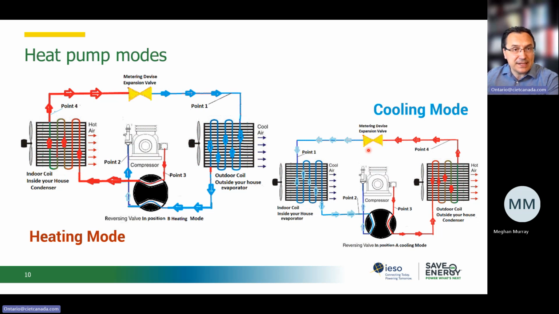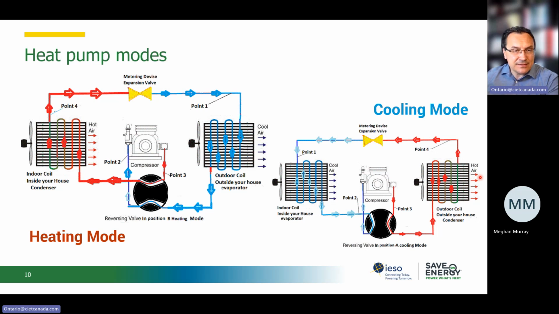So in cooling mode, we basically extract heat from the building, from the conditioned space, and we reject that heat in the outside air. Because we want to cool the space, we operate at a lower temperature in the conditioned space, and we reject heat in the outside air.